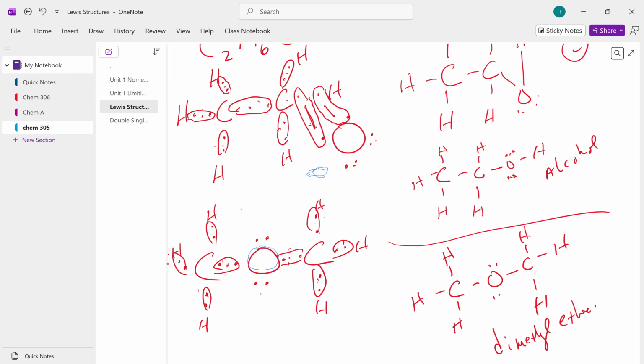Like if you told me to write the structure of alcohol, and I have this, they're both correct. But what if you told me to draw the structure of C2H6O? How would I know which of these two correct structures? What is the rule that tells me to bind it between the carbon and the hydrogen, like that, versus like this in the middle?